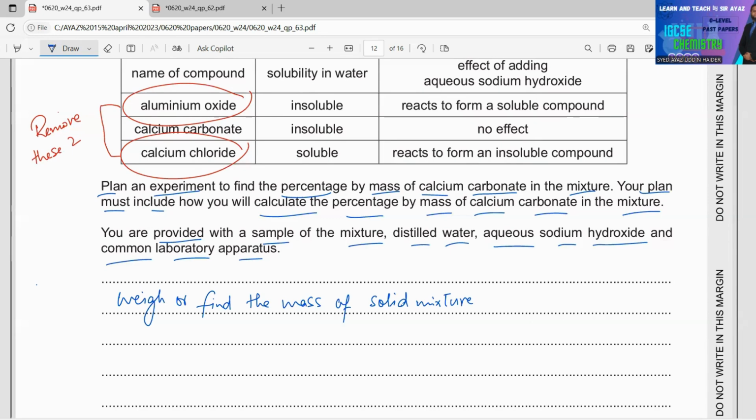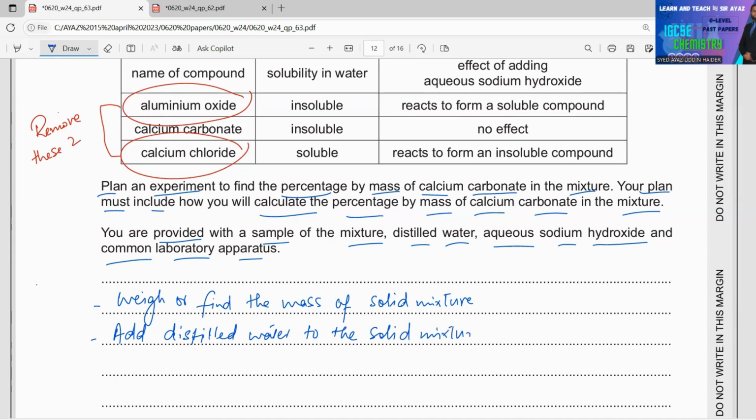The next step, I will add distilled water. As you can see, calcium chloride is soluble in water. Both aluminum oxide and calcium carbonate are insoluble. So in this way, we will be able to remove calcium chloride. So I will add distilled water to the solid mixture.